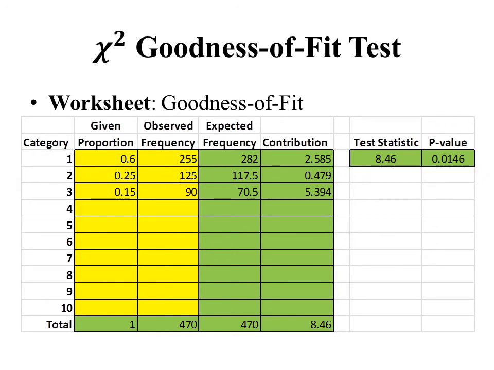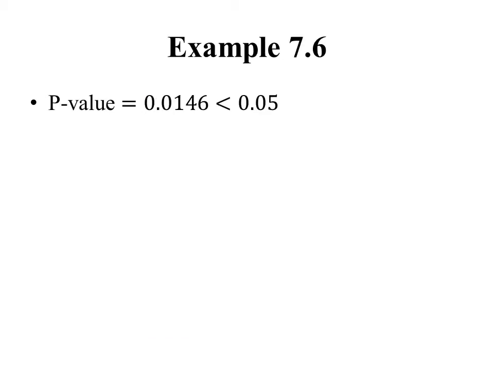Now in this type of test we don't have a left-tailed or right-tailed or two-tailed test. These are all right-tailed tests, but that's not terribly important for our purposes. Here we get this p-value of 0.0146. Now, we're going to interpret that p-value in the same way as every other p-value. We're going to compare that to alpha, our significance level, which we'll always take to be 0.05.